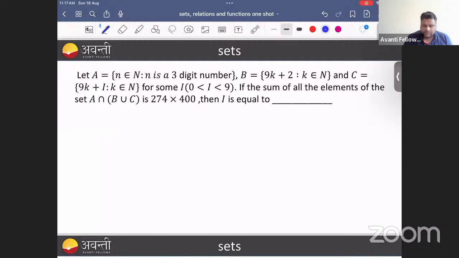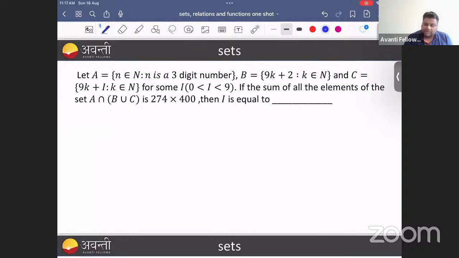Now see, set A is all natural numbers which are of 3 digits. That means starting from 101, 102, 103 up to 999. Now B is the set of all those natural numbers which when divided by 9 give remainder 2.